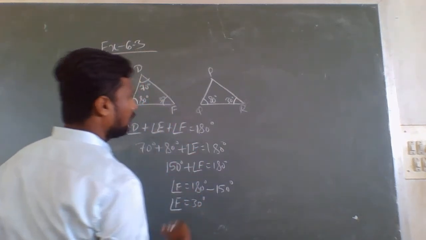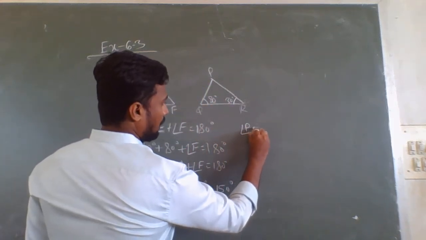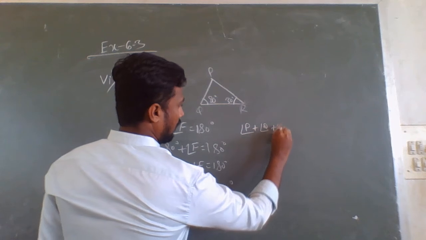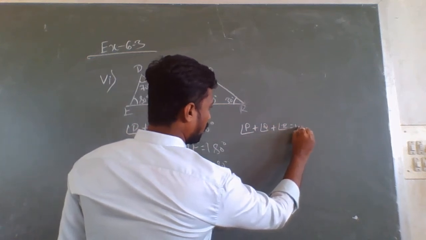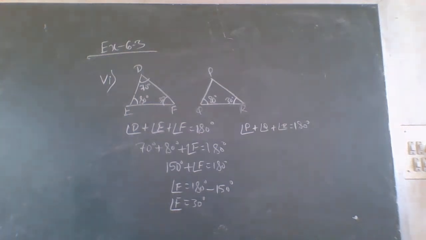Like this only, we will calculate angle P. Here, angle P plus angle Q plus angle R is equal to 180 degree. How is it 180 degree? In all triangles, the sum of the internal angles equals 180 degree only.